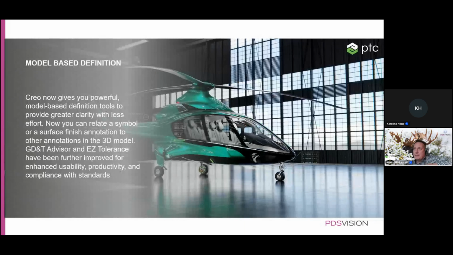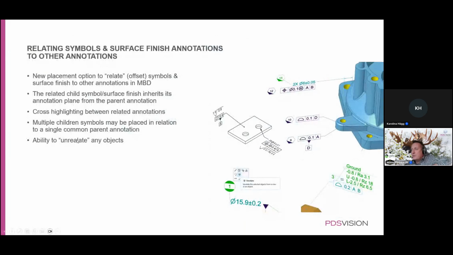Then the model-based definition. Let's have a bit faster pace with this, since I think I'm running out of time otherwise. What you can do now is attach annotations to other annotations.